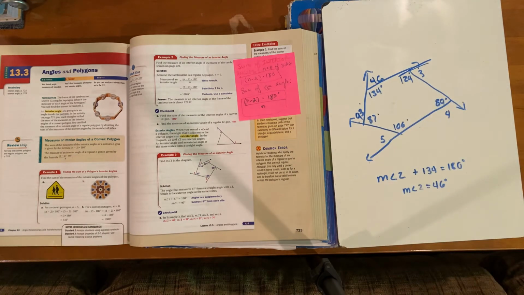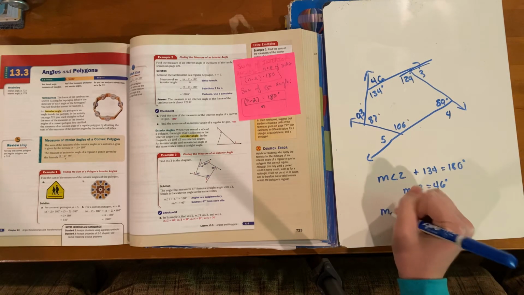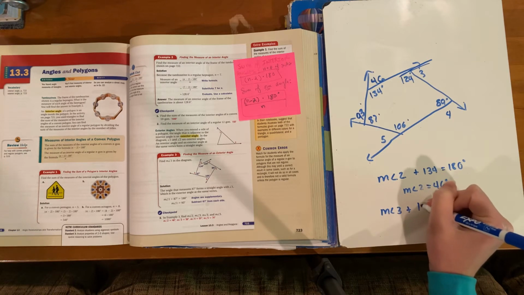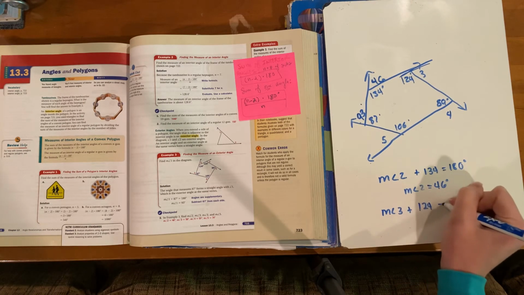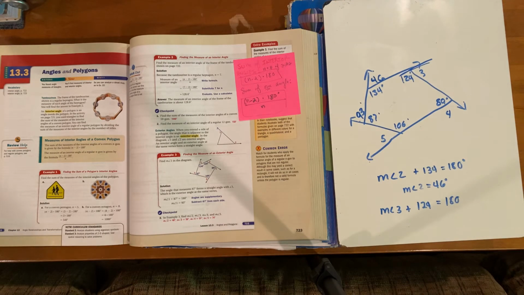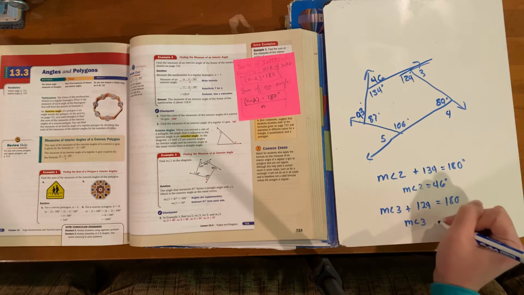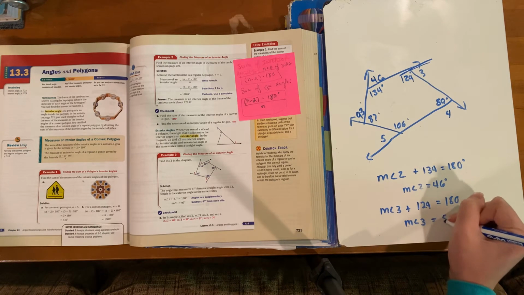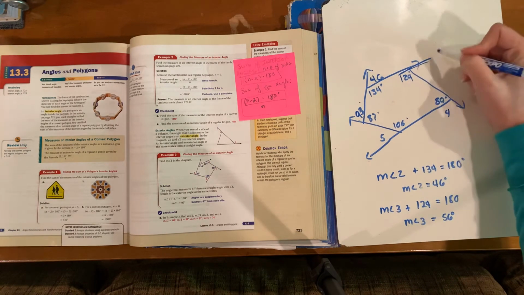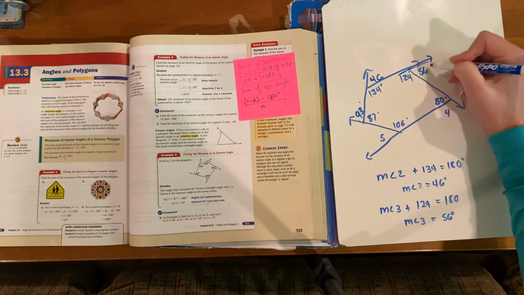So angle 2 is 46 degrees. Same thing with 124 and 3. The measure of angle 3 plus 124 has to equal 180. Subtract 124 from both sides, and the measure of angle 3 has to equal 56 degrees in order for both of these to sum together to be 180, to just prove that they lie on a straight line.